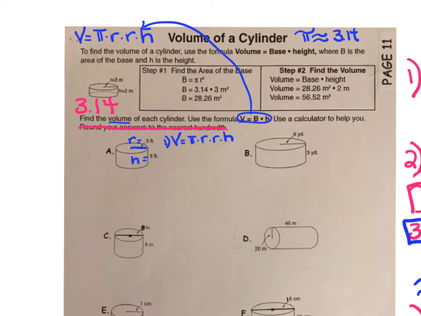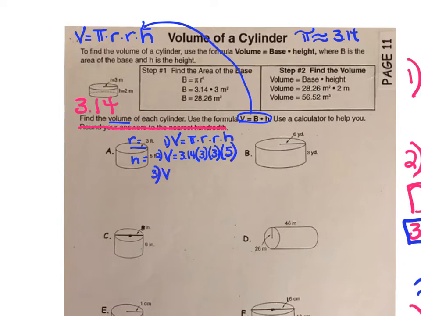So let's substitute for what we know. Step 2, V equals pi, which is 3.14, times a radius of 3 times a radius of 3 times a height of 5.